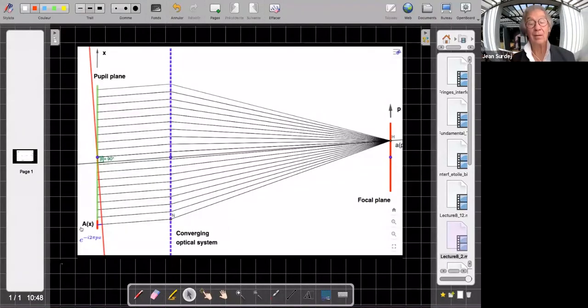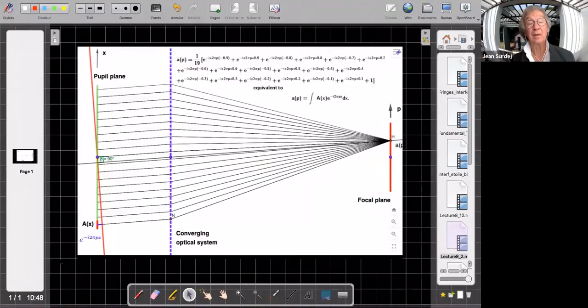Assuming that this first quantity is a constant, for instance equal to 1, the contribution of this amplitude to the point H will just be this phase retardation. And I have represented here in this equation the contribution due to the 19 segments represented in red.